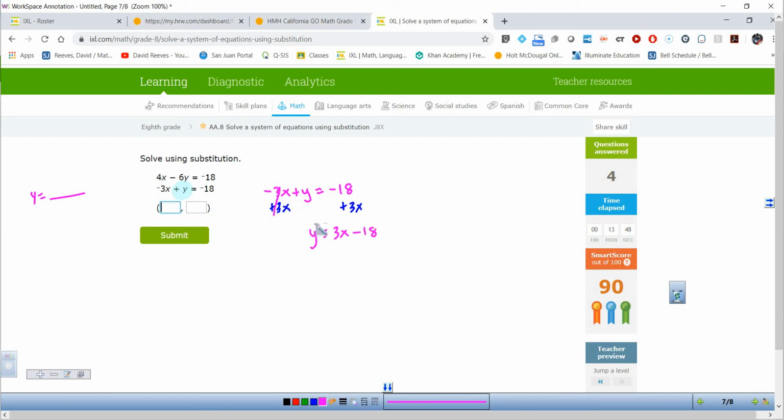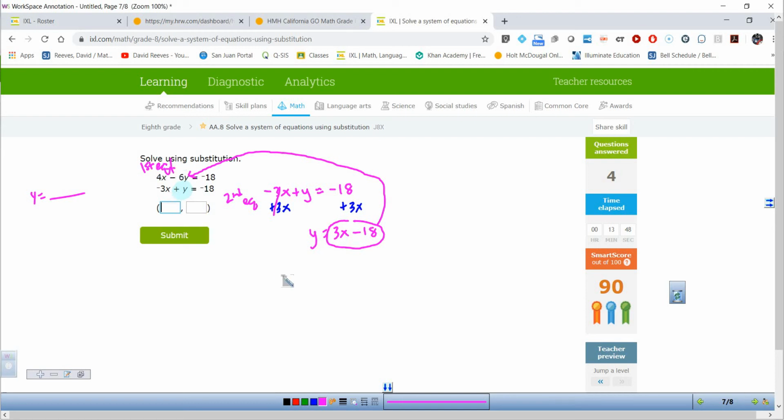All right, do you see how this is better now? Because now I have an equation that tells me what y is. So I'm going to move it right there. This was my second equation, and this is my first equation.